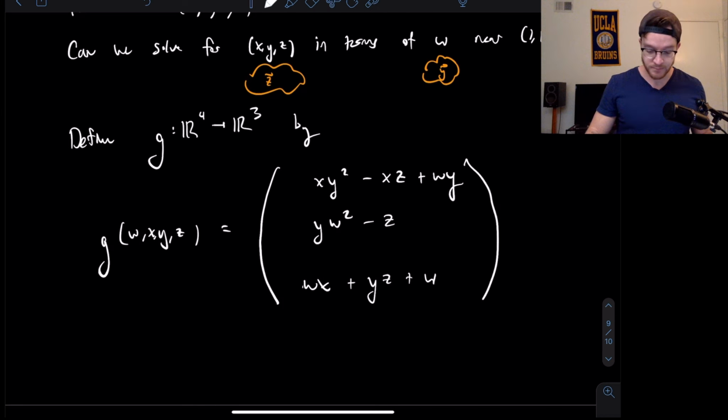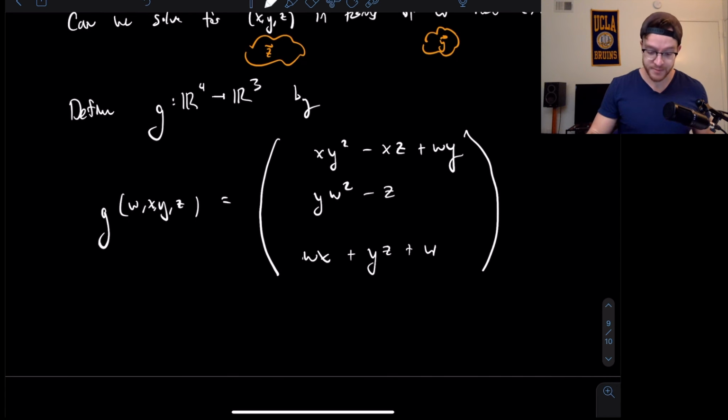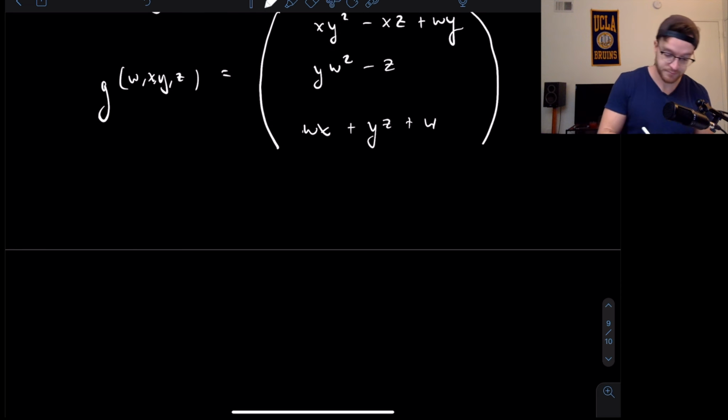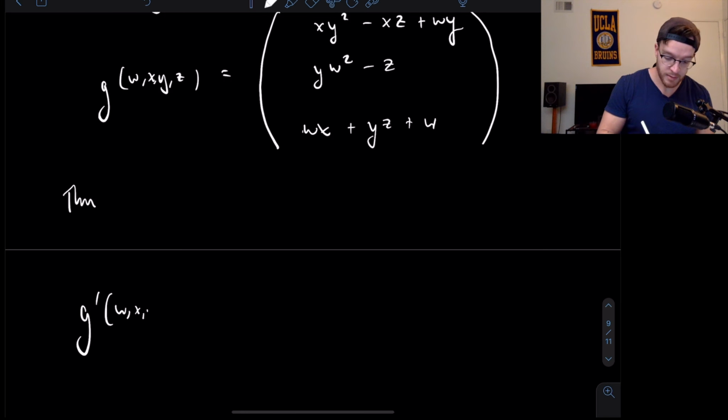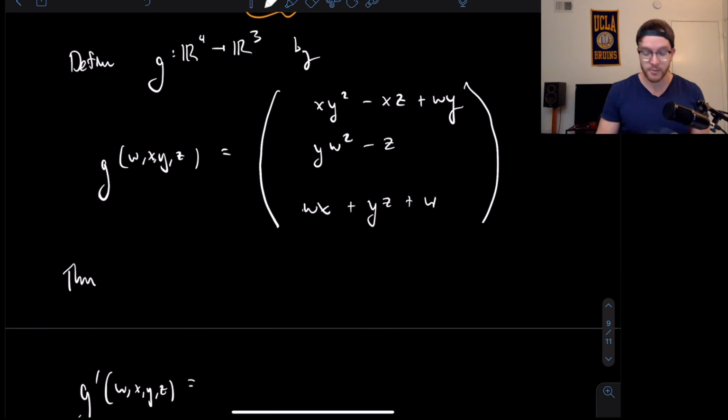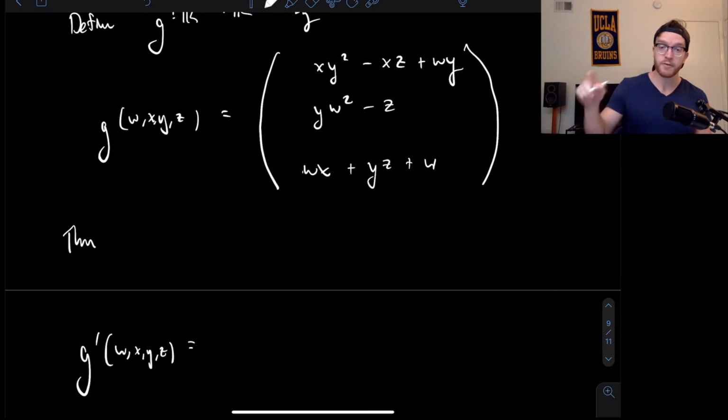Well, what do? The implicit function theorem says figure out what the Jacobian is. So g prime of w, x, y, z. Okay, so R4 to R3, this is going to be a 3 by 4 matrix.